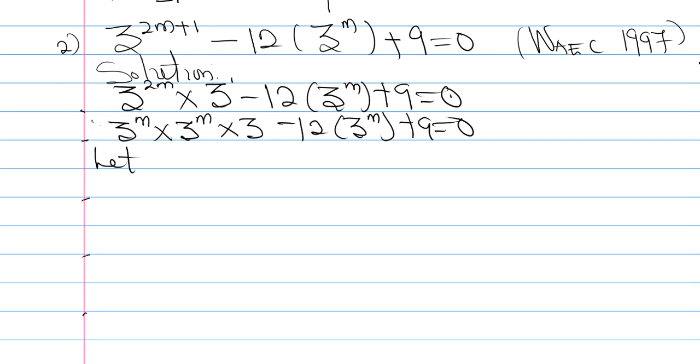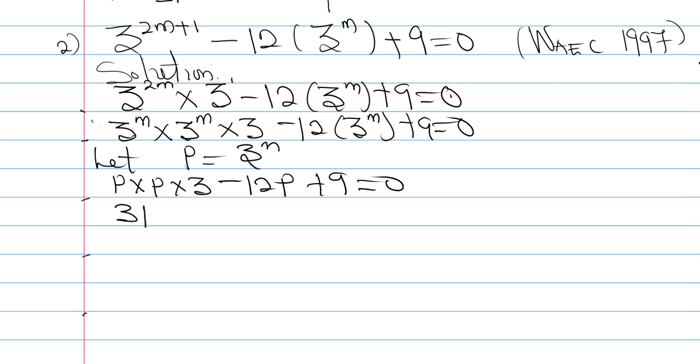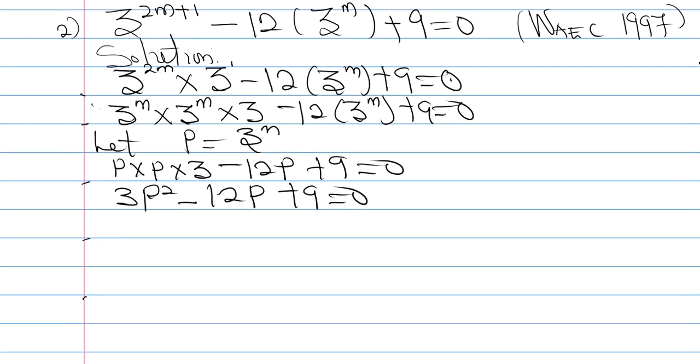Let p equal 3 raised to power m. Here we can have p times p times 3 minus 12p plus 9 equal to 0, so 3p squared minus 12p plus 9. Dividing both sides by 3, we have p squared minus 4p plus 3 equal to 0. So let us factorize this.